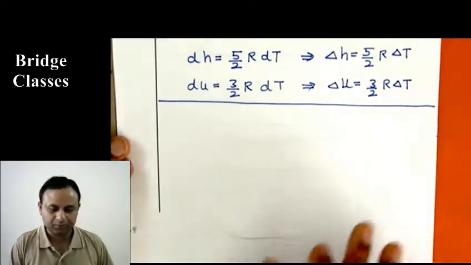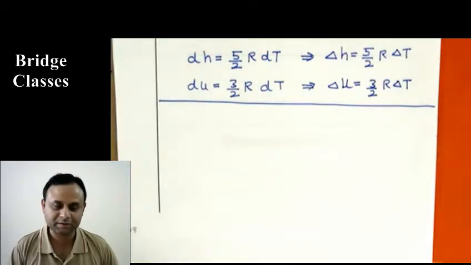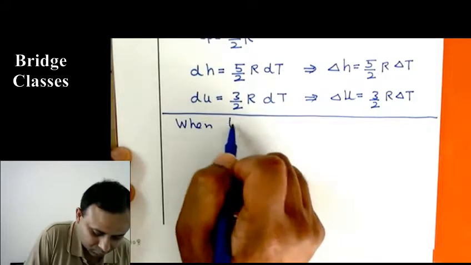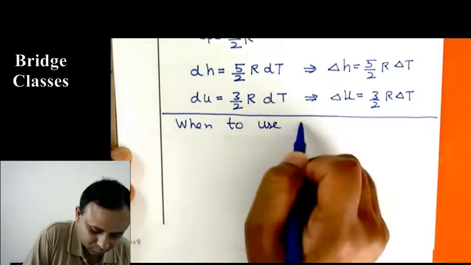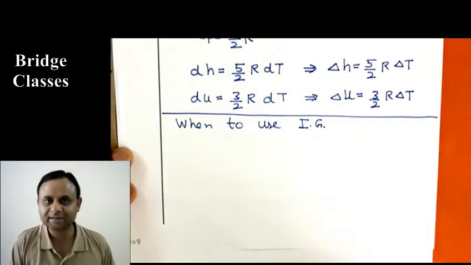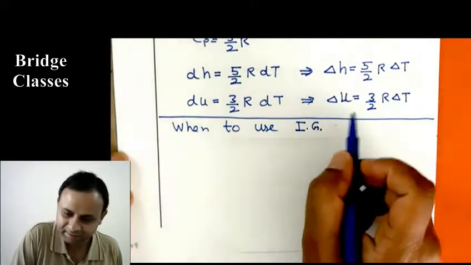Now, when to use these ideal gas equations? All these ideal gas law, that is PV equals RT, and all these equations for internal energy and enthalpy.